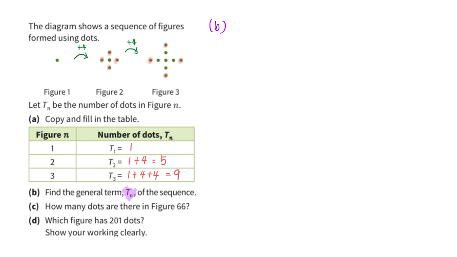The difference between any particular figure and its previous or next figure is always 4, and so we could tap on this formula: T0 plus the common difference d times n. What is this T0? T0 is simply the number before figure 1, which is here.